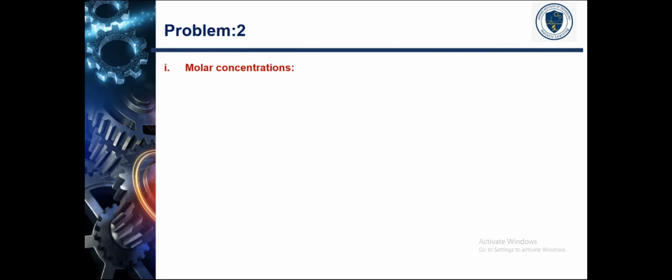As per the previous discussion, we know the molar concentration has three formulas. Ca can be calculated using ρA by MA, that is one formula. The second formula, from the summation rule, is C = Ca + Cb. The last formula is Ca = Pa by GT.